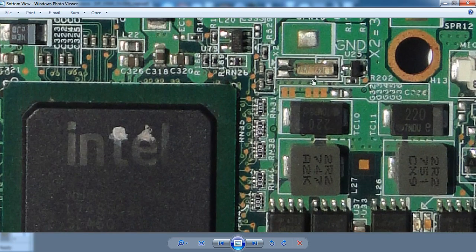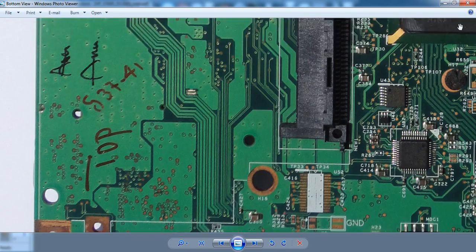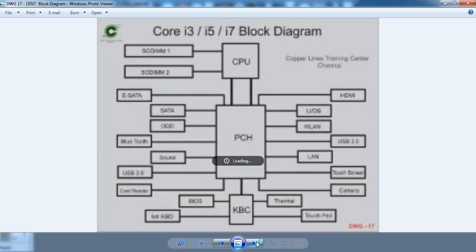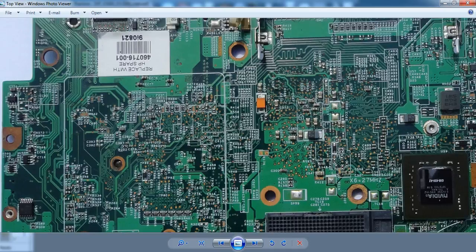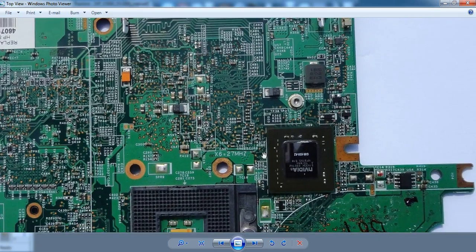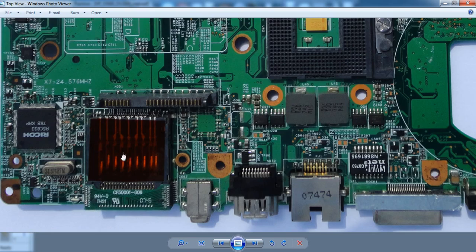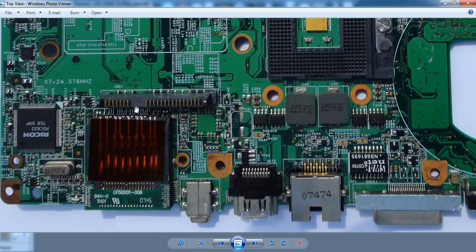This is a 24.576 megahertz crystal, which is used for the Ricoh card reader. This is the card reader chip.